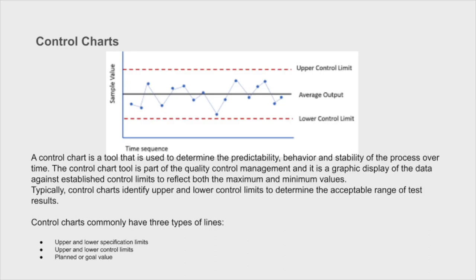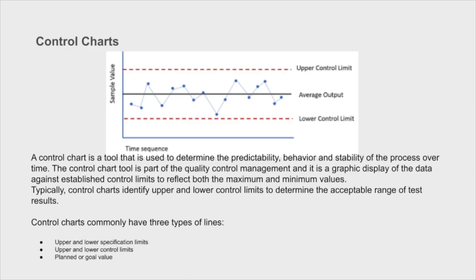So, if we're making a little above how many we expect to make in an hour, or if we're making a little bit below how many we expect to make in an hour, well, how much is the little bit? How much of a little bit is acceptable? So what the control chart does is it plots the output in a given hour. So as we move along, time is along the bottom there.